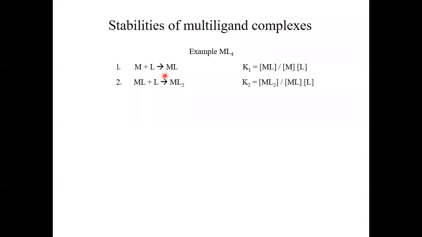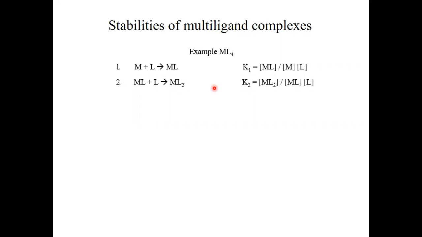So this reaction here would be associated with another equilibrium constant, K2, which would be given by the concentration of the complex ML2 over the concentration of the complex ML times L.